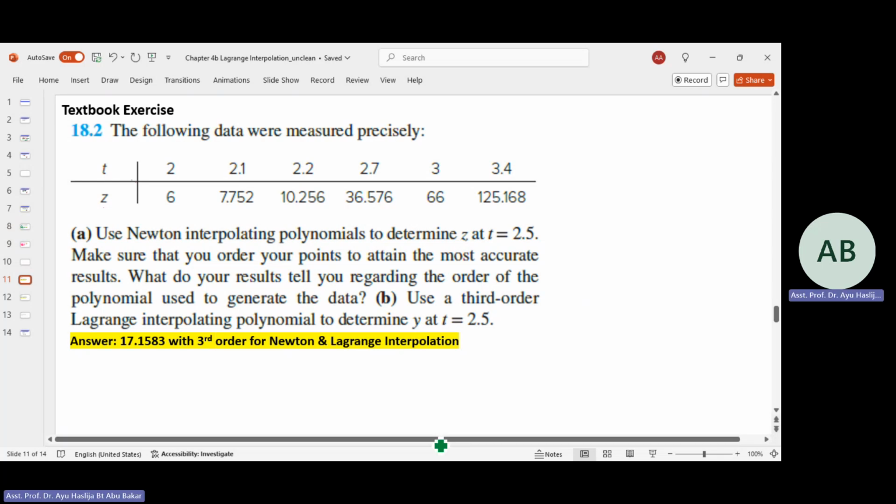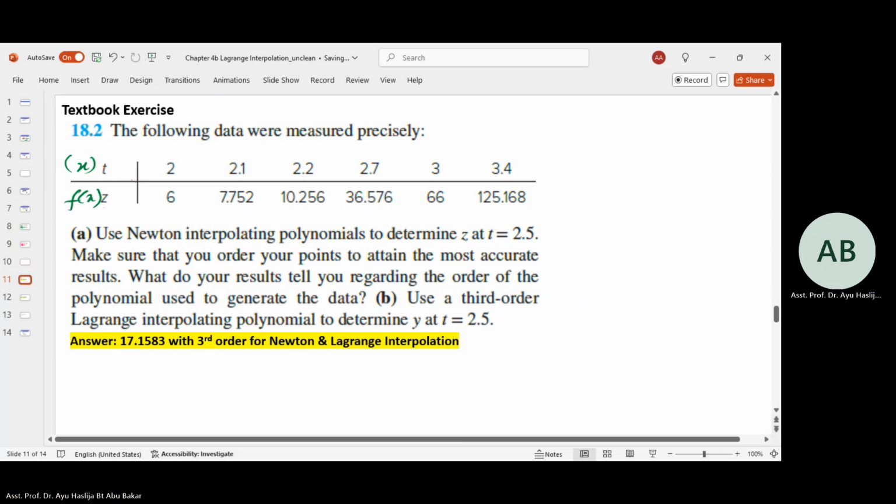This one already gives you the T and Z. Now, T. Student, from this data point, you need to know which one is your X and which one is your Fx. Okay, don't get confused. So which one is your X? T. This is your X. This one is your Fx.